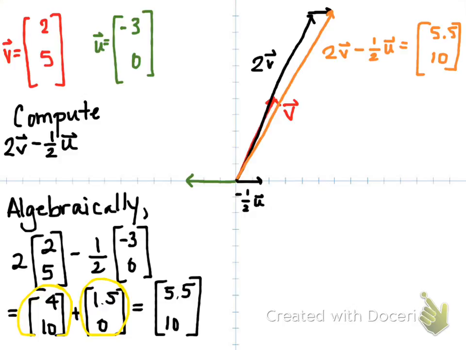So visually that's what's happening. Okay. So notice that this linear combination is not in the same direction as either of the vectors. We've created a new vector in an entirely different direction by taking a linear combination of the other two.